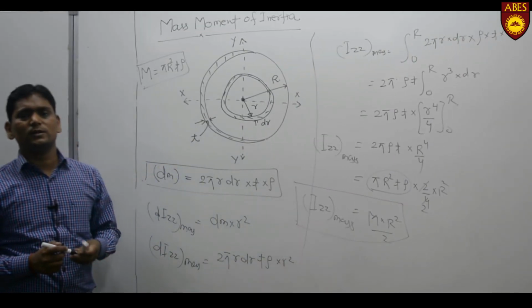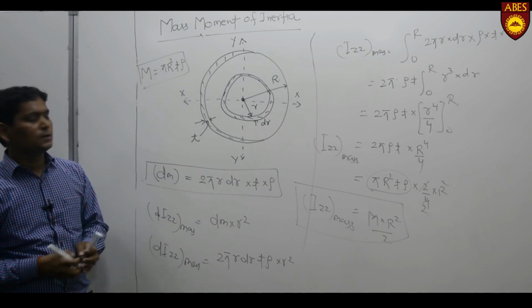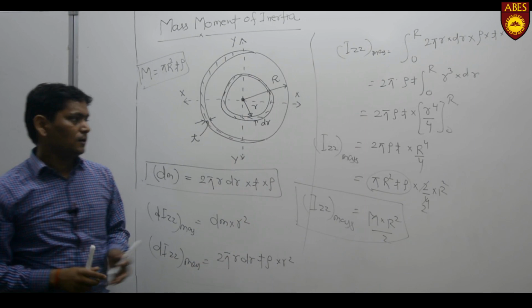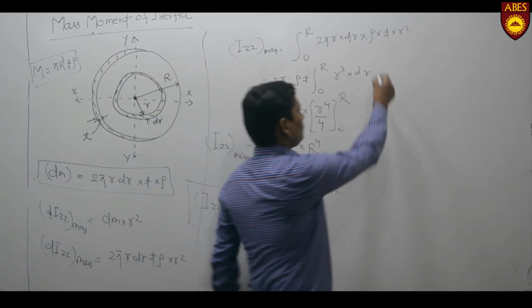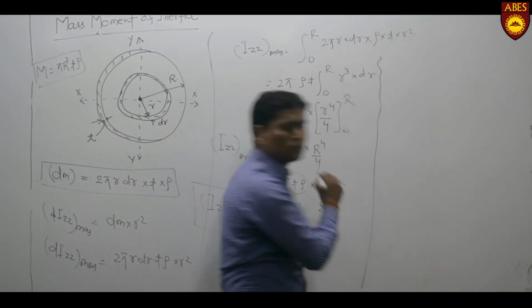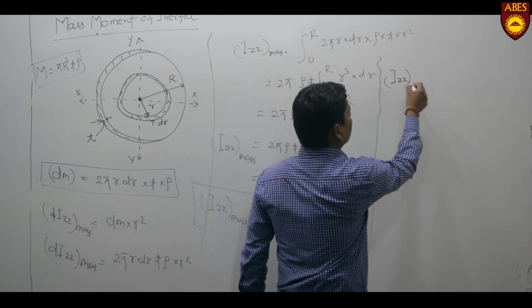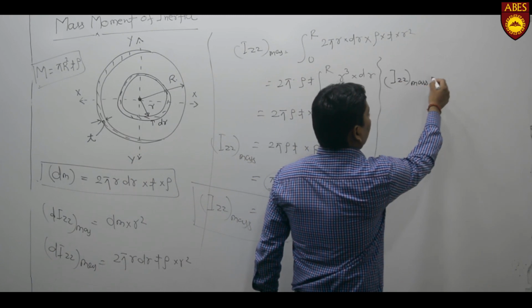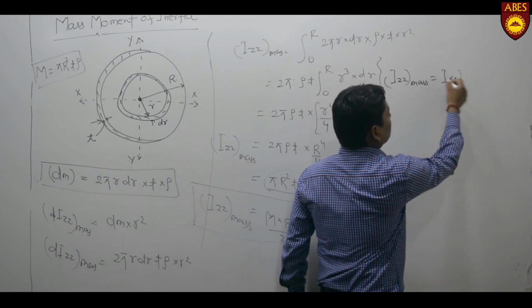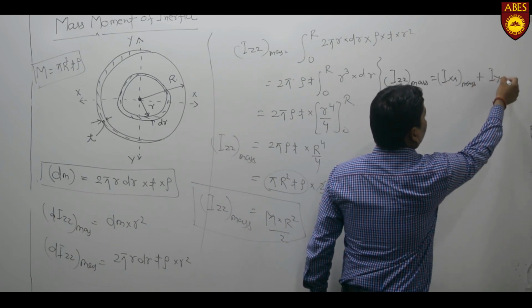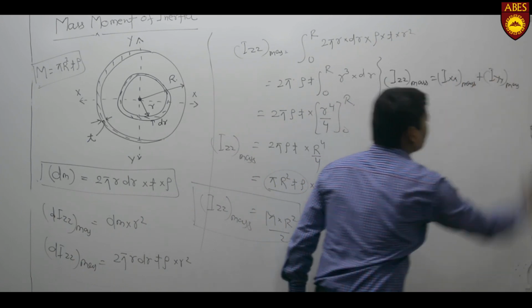Now we will also calculate the mass moment of inertia about the x axis and y axis, and we can use the perpendicular axis theorem. We know that Izz mass equal to Ixx mass plus Iyy mass.